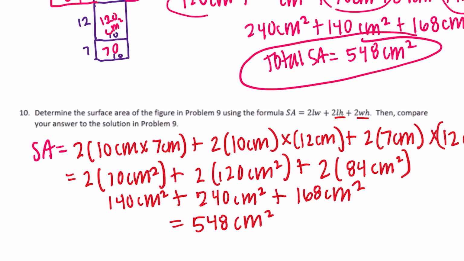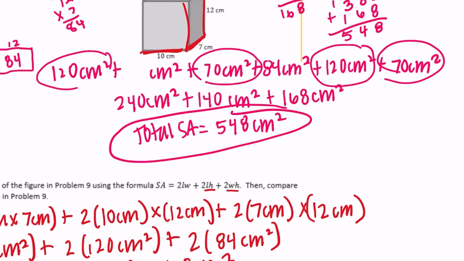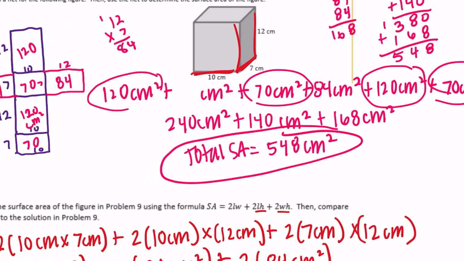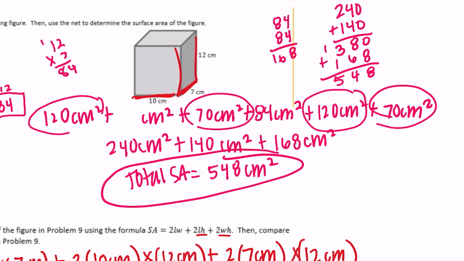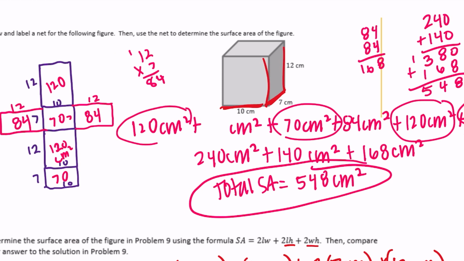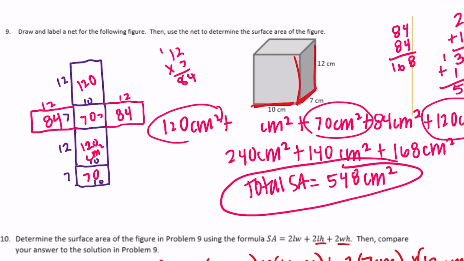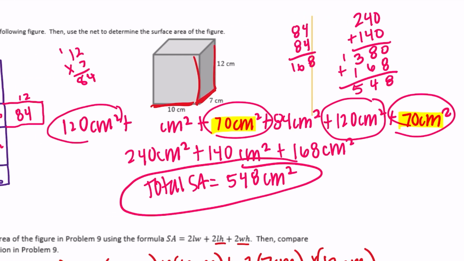Then it wants us to compare your answer to the solution in problem 9. So the formula just helped us do what we did up here in problem 9. As you can see, we compare them, they are the same. So here, the two groups of 10 times 7 were two groups of 10 times 7 right there.